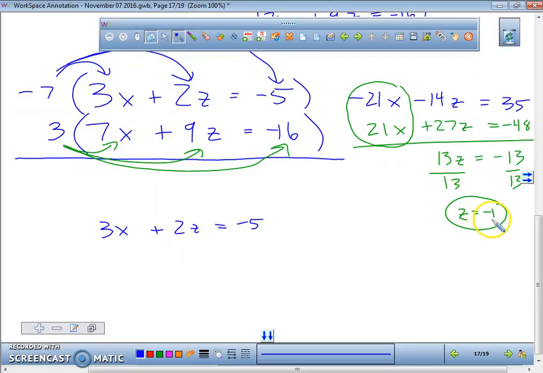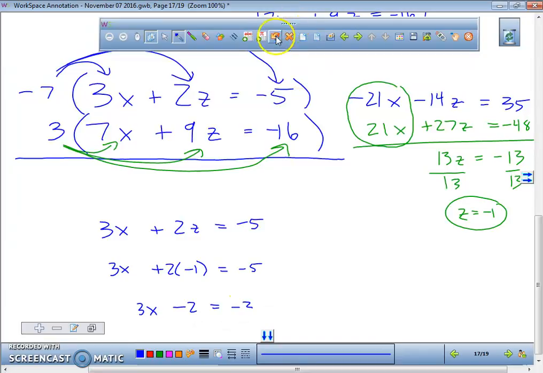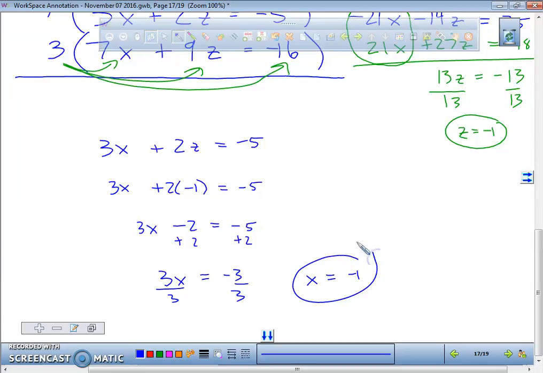Negative 1. 3x plus 2 times negative 1 equals a negative 5. 3x minus 2 equals a negative 5. What are we going to add to both sides? 2. Add 2 to both sides. 3x equals negative 3. Divide both sides by 3. X equals a negative 1.